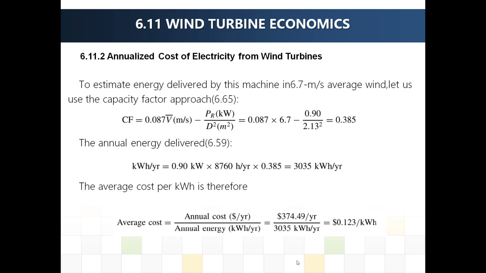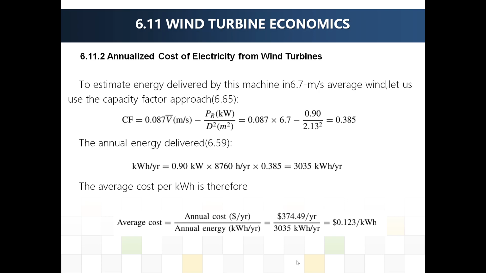To estimate energy delivered by this machine in a 6.7 meters per second average wind, we can use the capacity factor approach. The capacity factor is equal to 0.087 multiplied by the average wind speed minus the rated power P divided by the diameter squared.